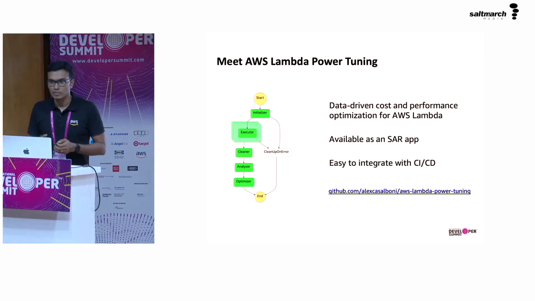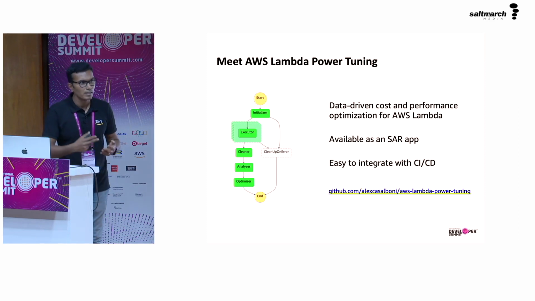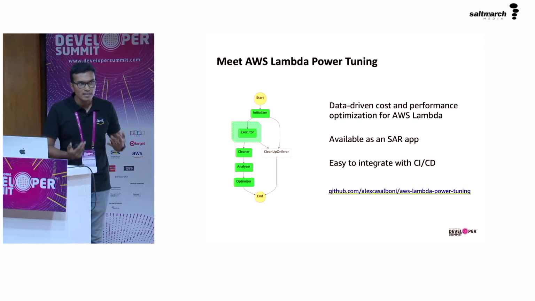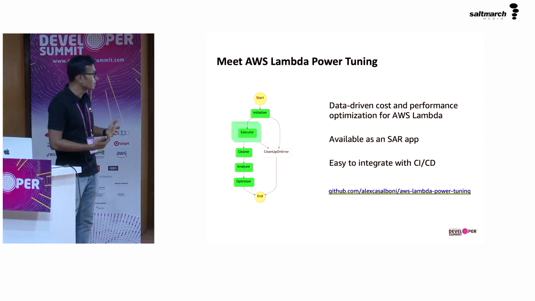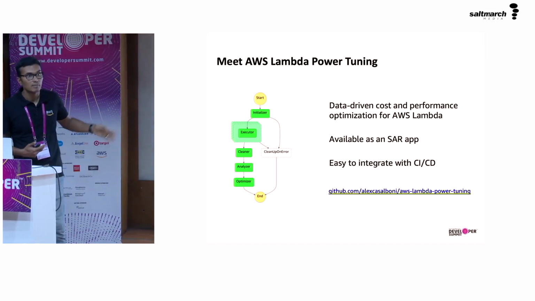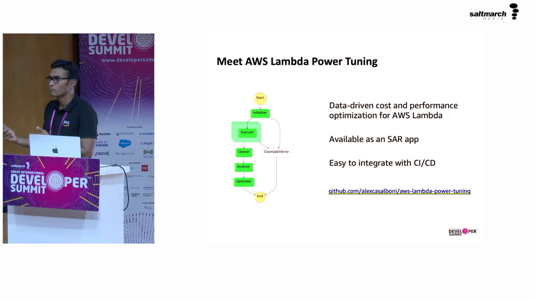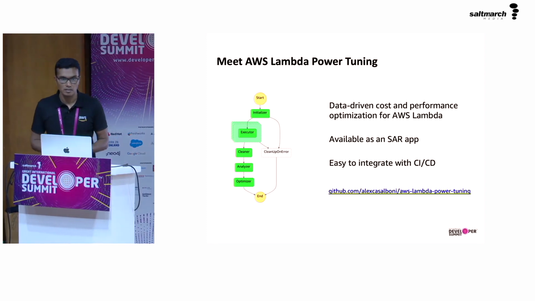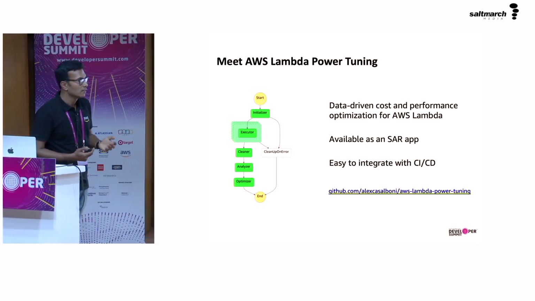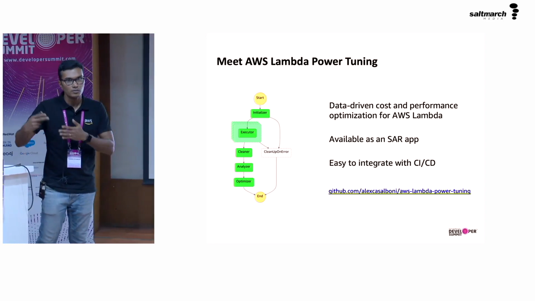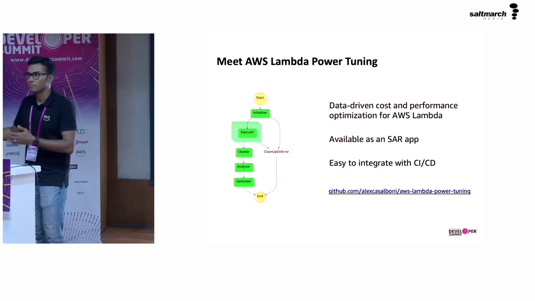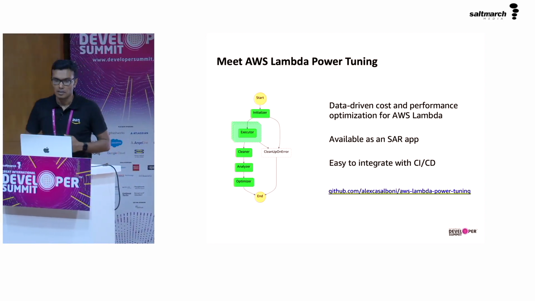Now there's a manual way of doing it, where you have to do it manually and test it. But is there a methodological way to do that? Yes. This is where Lambda Power Tuning can help you. It's a single-click deploy solution that you can deploy into your AWS account, and it will work through the different combinations of memory for your Lambda functions and show you which is the best one.